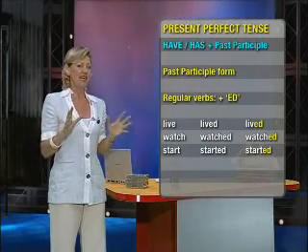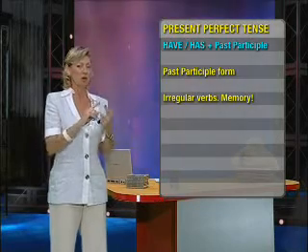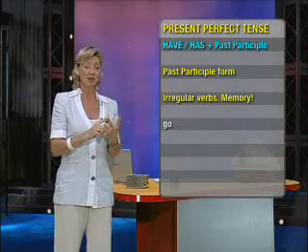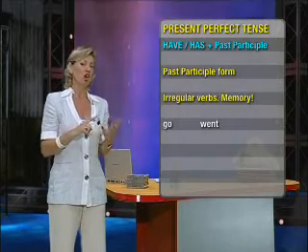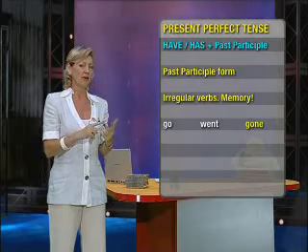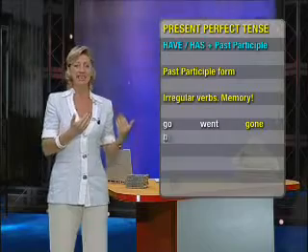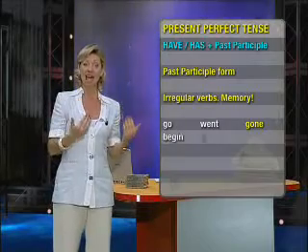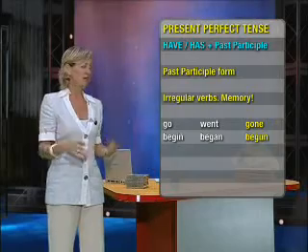Now things change in the irregular verbs. Let's look at an example. Go. The past tense of go is went, and the past participle is gone. Go, went, gone. You see it changes. Another example: begin, past tense began, and then begun, the past participle.